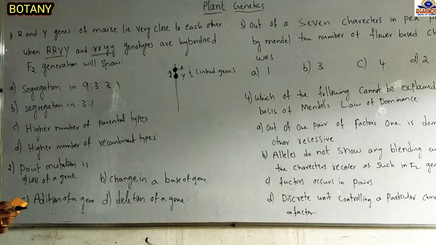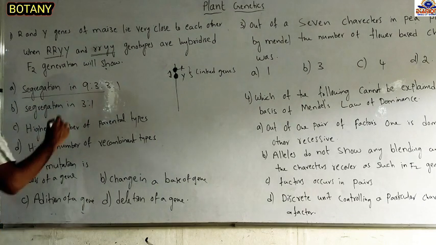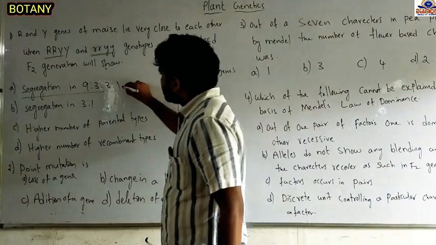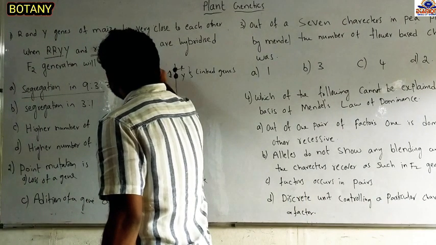Now we have to identify, in the F2 generation, which character is going to suit among the options. Option A, segregation in 9:3:3:1, represents a dihybrid cross.